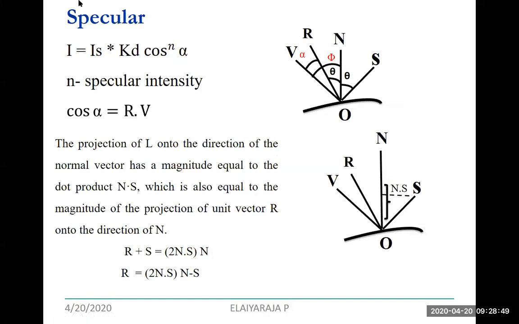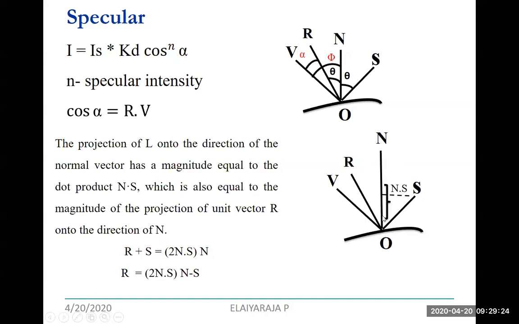Which means the light source hits the surface and you take the normal vector, and that magnitude is equal to n into s, which we already saw in diffuse, and which is also equal to the magnitude of the projection of unit vector r onto the direction of n.